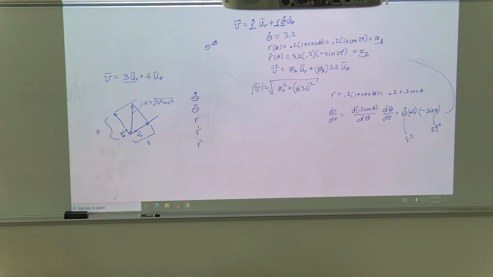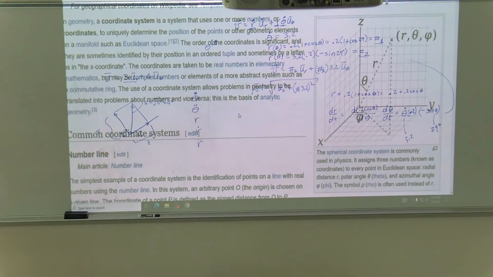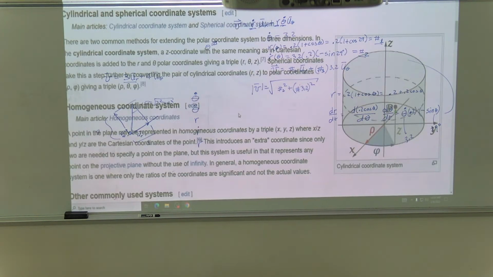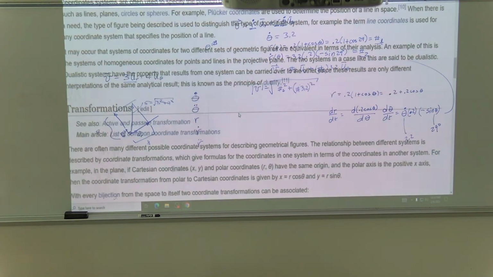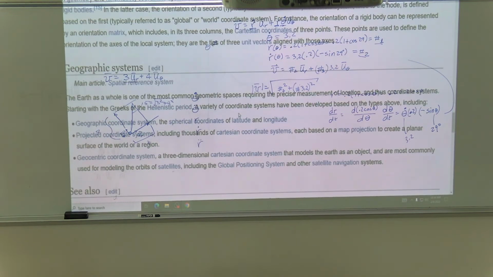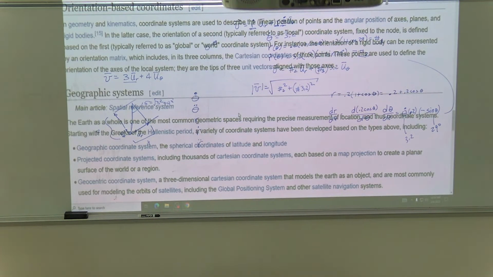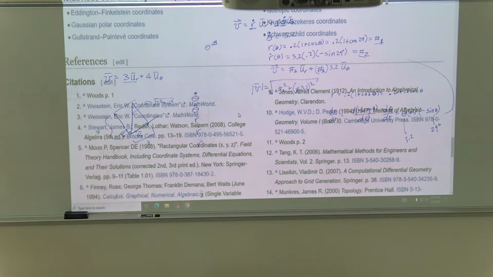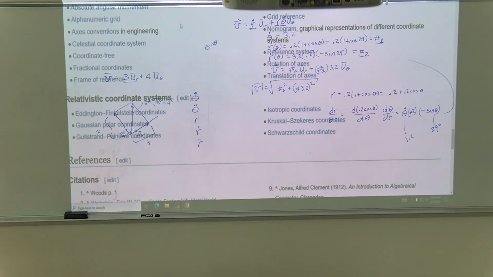I know Wikipedia has, and I can't even spell it, so there's a polar... let's see if I can find a prolate spheroidal or something like that. There are all these weird coordinate systems. Let me see if I can find... here.